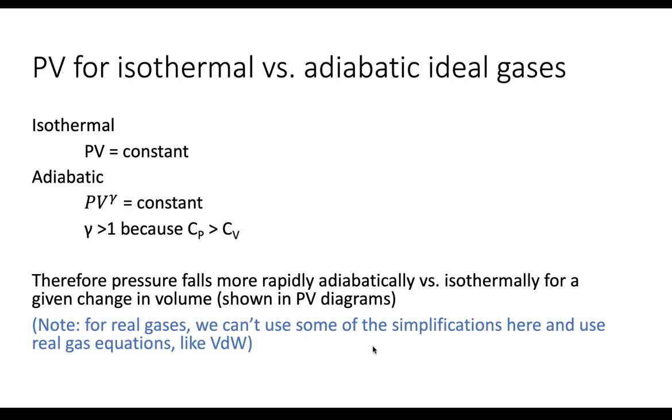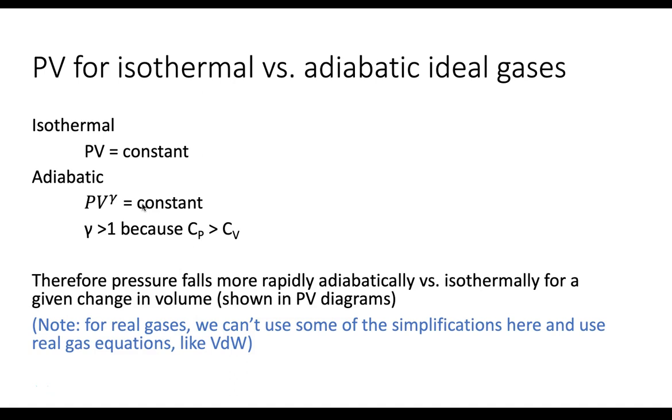And so what does this mean? If we compare, say, for example, an isothermal process versus an adiabatic process, remember for an isothermal ideal gas, PV is equal to a constant, right? So temperature is constant, nRT are all constant. In an adiabatic process, then PV to the gamma is constant. Well, now we know, because Cp is always greater than Cv, that gamma has to be greater than 1.